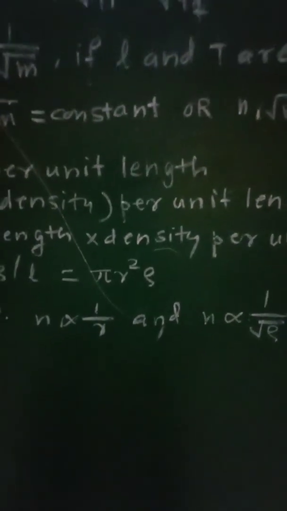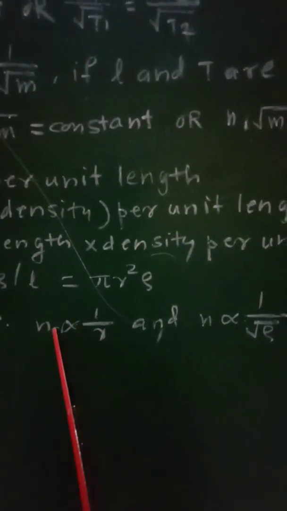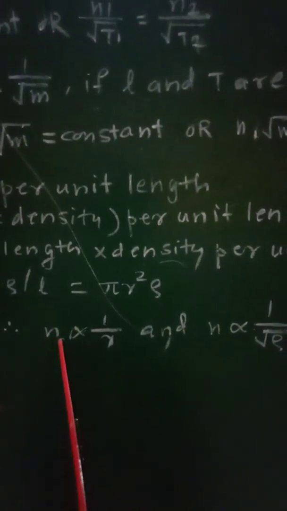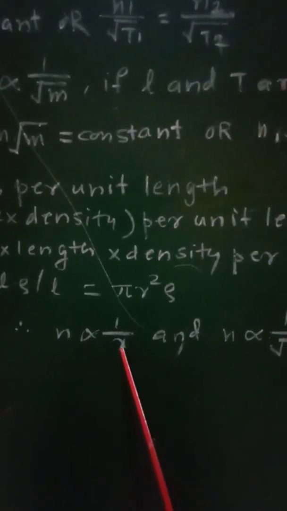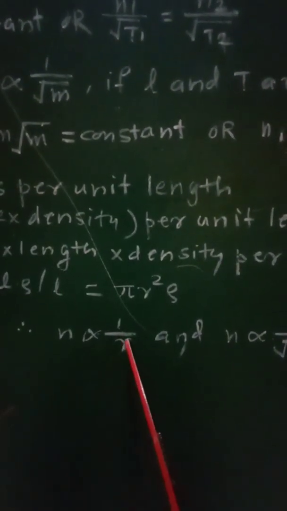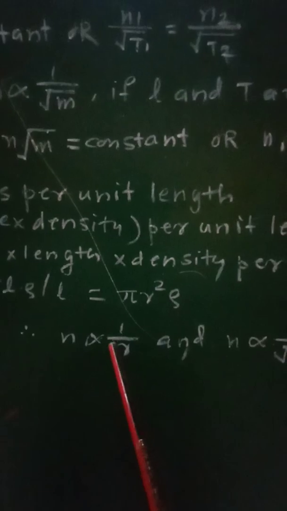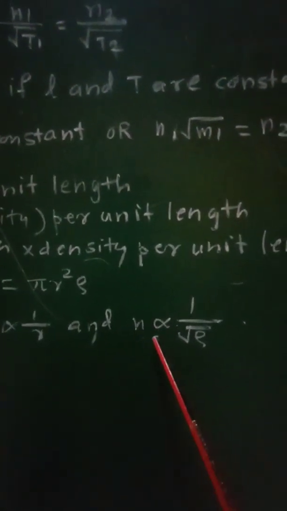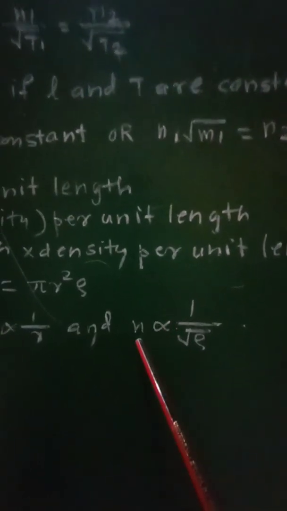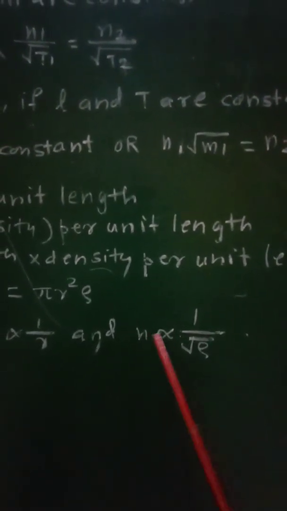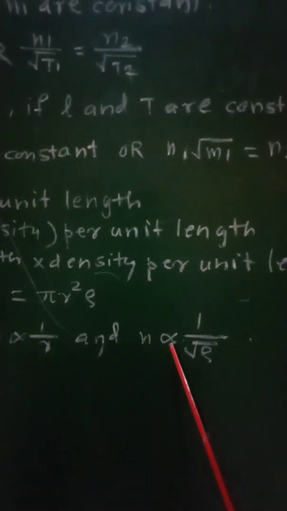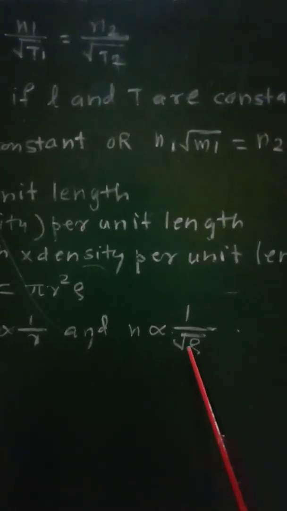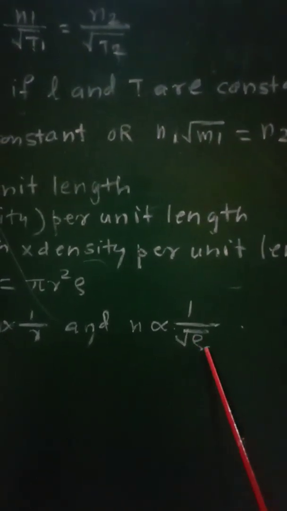So from this we can say that the fundamental frequency of vibrating string is inversely proportional to radius of that vibrating string, and similarly we can state it as the fundamental frequency of vibrating string is inversely proportional to square root of density of the material of that string.